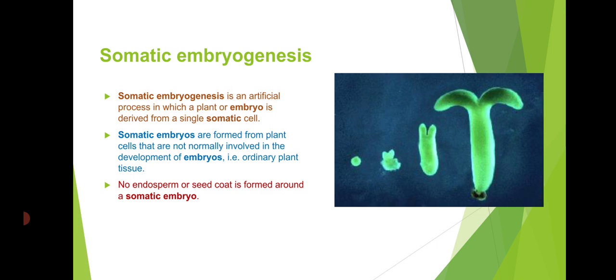Okay. Before explaining somatic embryogenesis, first we will review what normal embryogenesis is. Normal embryogenesis occurs in the flower. Whether it is a bisexual or unisexual flower, we can see the fusion of male and female gametes during the sexual reproduction occurring in plants.